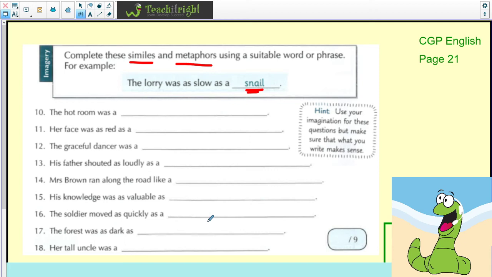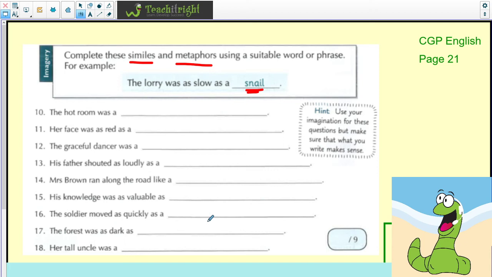I'm sure you can come up with lots of ideas for that one. The graceful dancer was maybe a swan or a fairy. His father shouted as loudly as a foghorn or storm, for another simile. Mrs. Brown ran along the road like maybe a cheetah or a leopard, so something that's really fast.